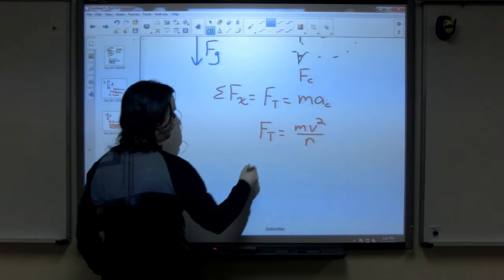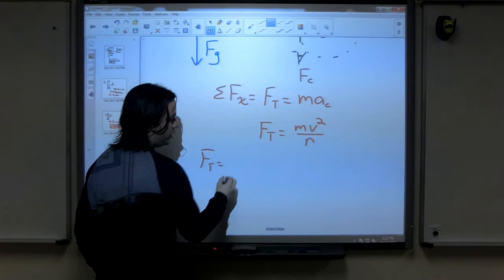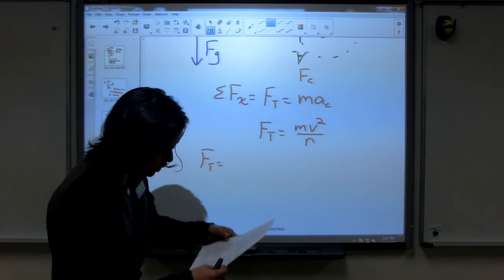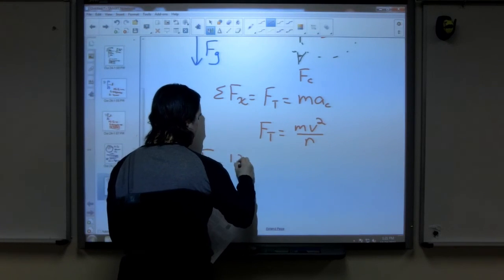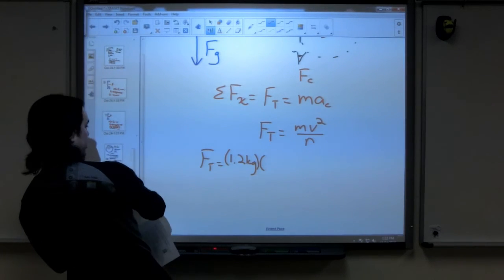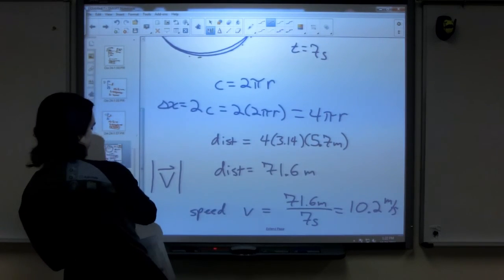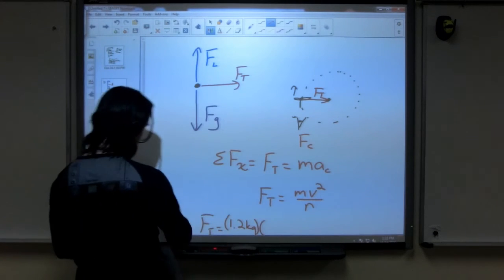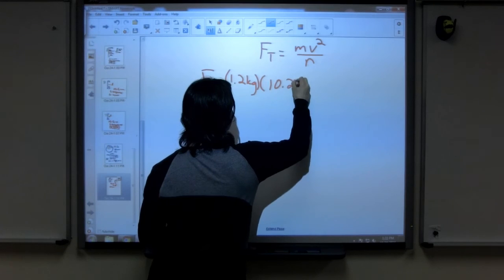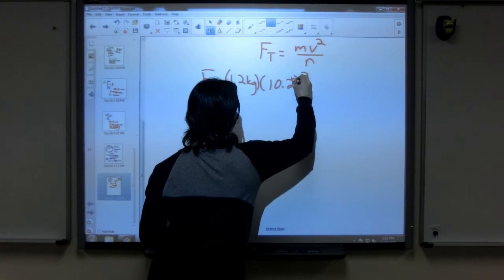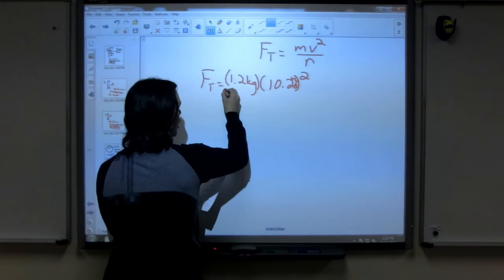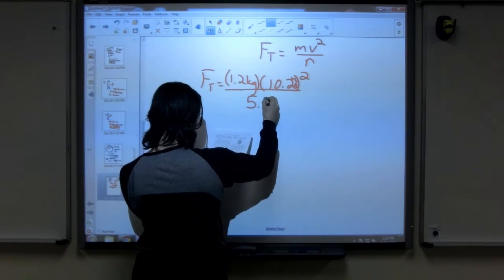All right, they want to know the force of tension. Well, we know the mass of the plane. That was, I set it aside somewhere over here, 1.2 kilograms. We found the speed just a moment ago, 10.23 as I recall. 10.2 meters per second, quantity squared, because it's mv squared over r, which as I recall was 5.7.